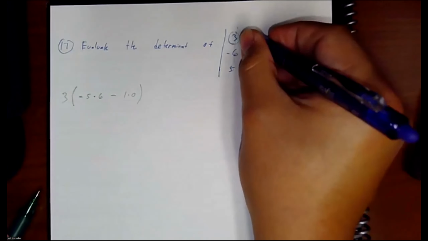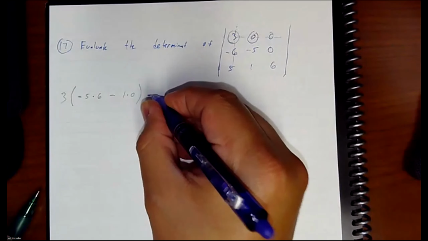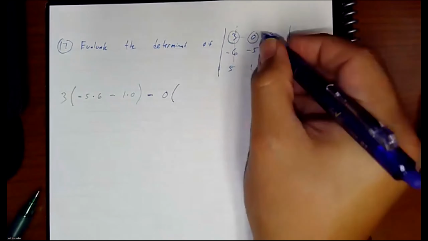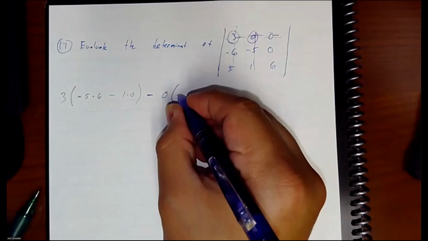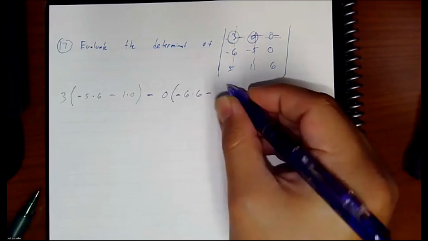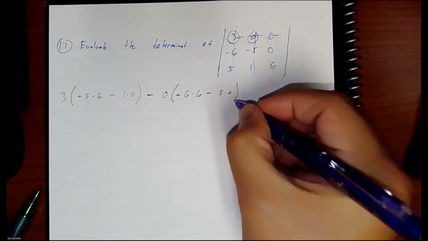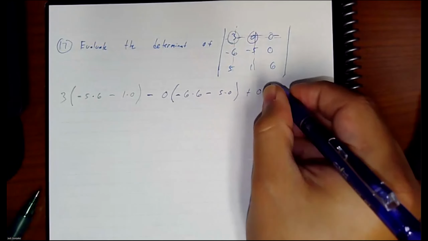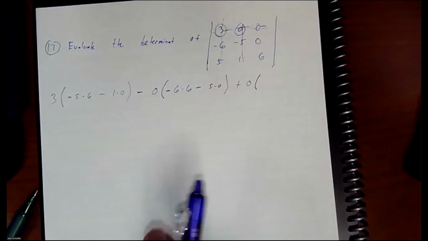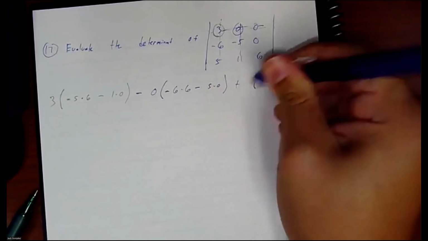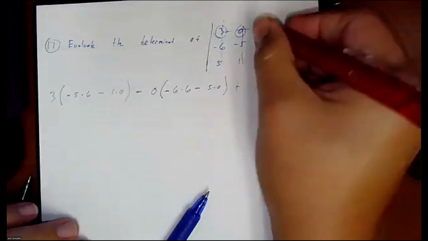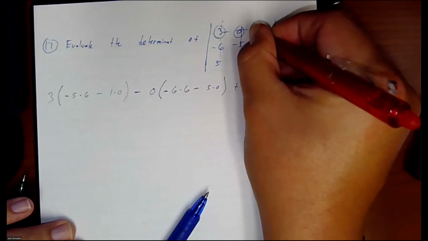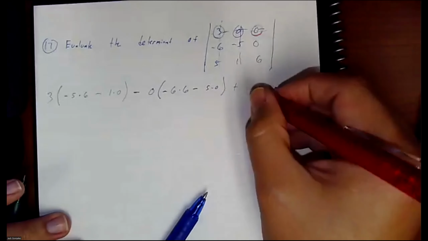Then you do the 0. Minus 0 times this determinant. Negative 6 times 6 minus 5 times 0. Plus 0 times, use a different color. This would be 0.